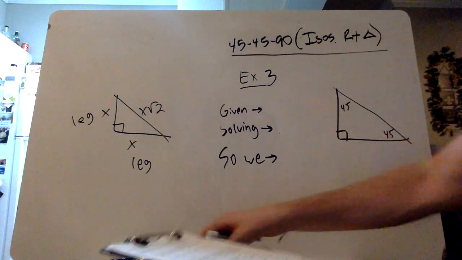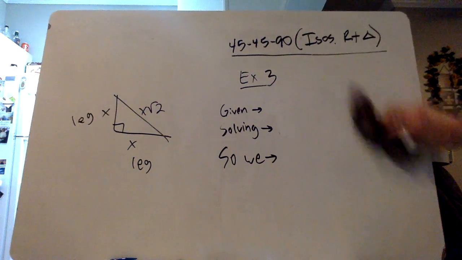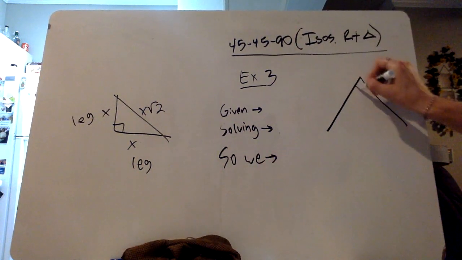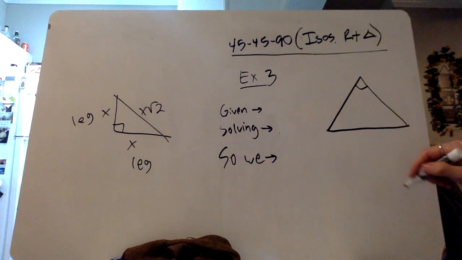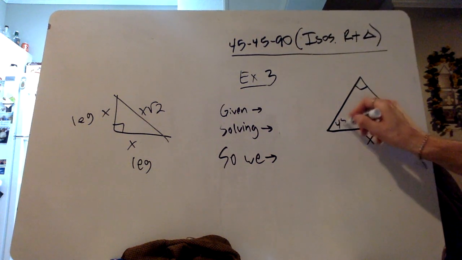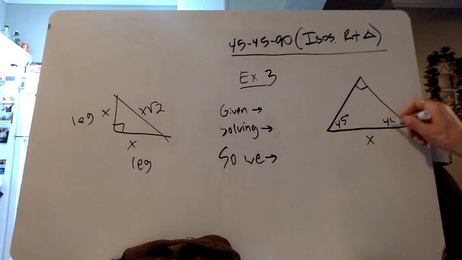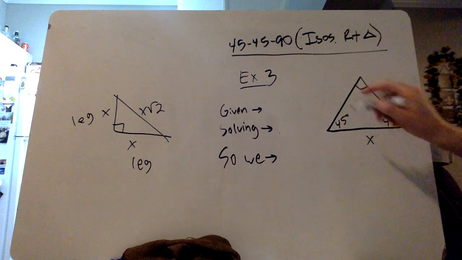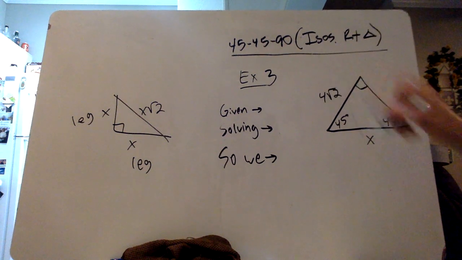Here's my picture. Whoa, that picture isn't accurate, Mr. G. It looks more like this. That's 90 degrees. Boom. Here's x. No big deal. I just changed the orientation of my triangle. That is not drawn to scale accurately, but that's okay. 4 square root of 2.